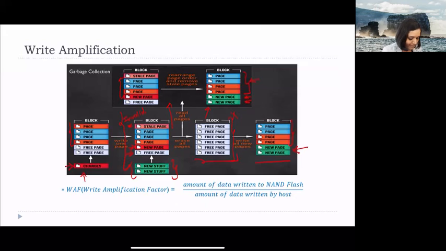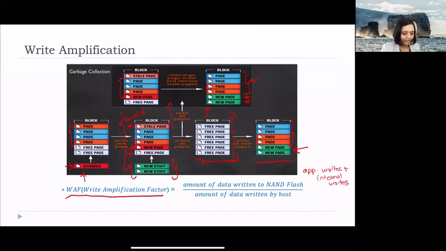So what we call write amplification factor is the amount of data actually written to NAND flash. In this case, definitely we are writing the data that the application is issuing, so application writes plus internal writes.